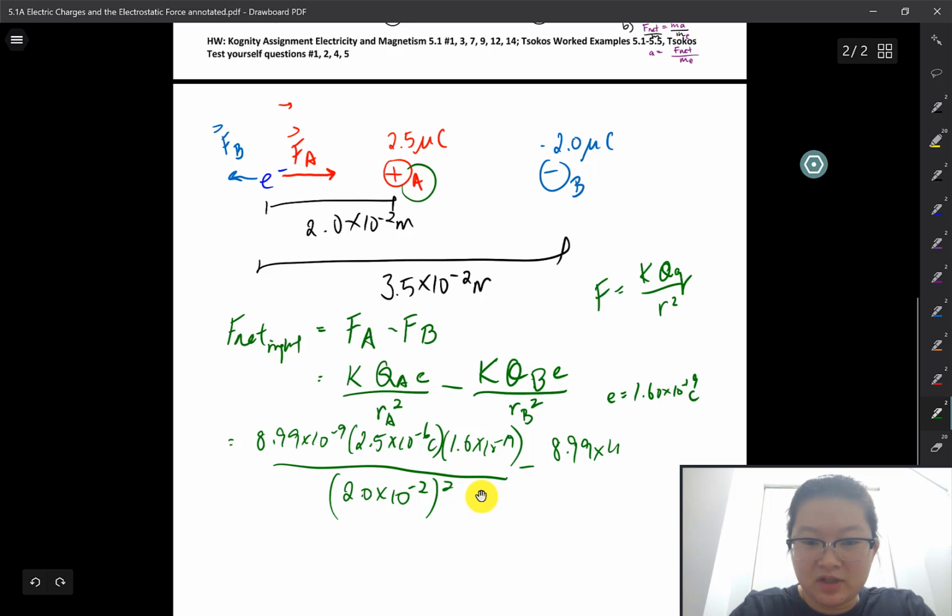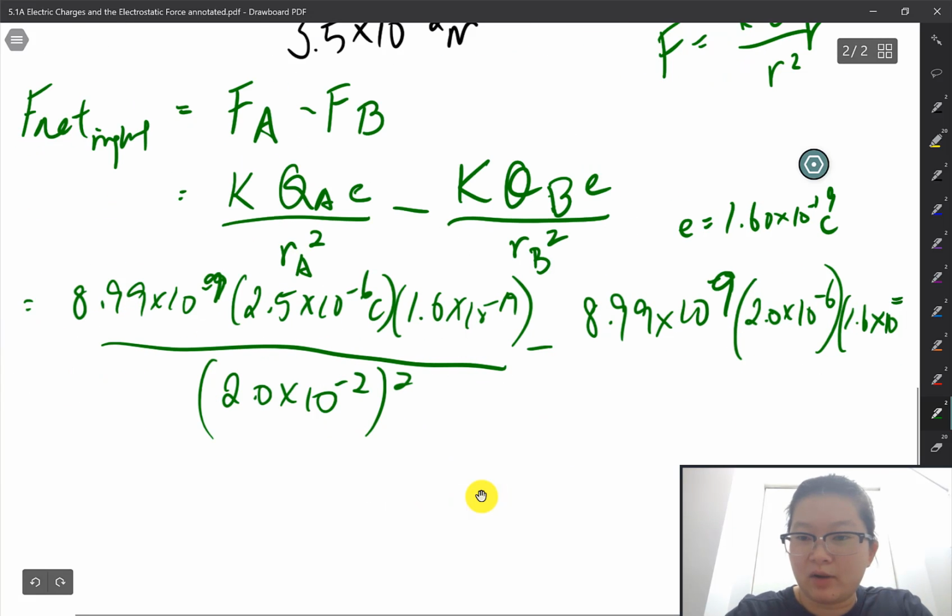This is just pretty much plug and chug at this point. Oh, sorry, that should be positive 9, not negative 9. My bad. I am not going to put in that negative sign for the negative charge because I've determined the direction of the force in my diagram already.